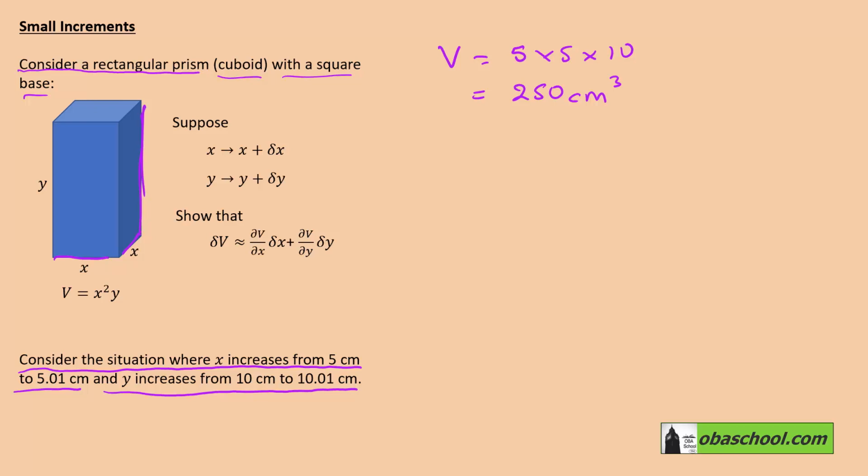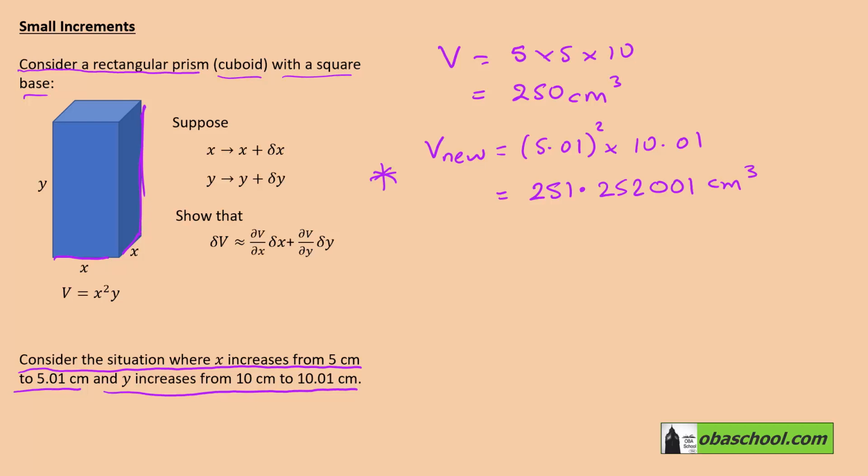And then the new V, once we've done the increase, is 5.01 squared times 10.01. And we can calculate that, and it comes to 251.252001. So that is the exact new volume when we make those increases.